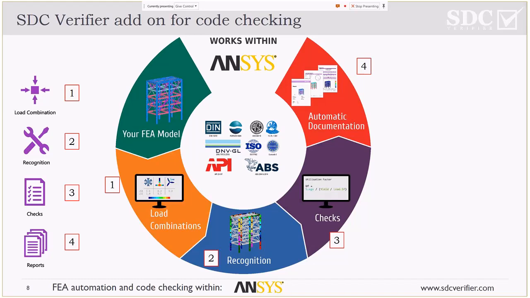Give me a new calculation report, and all the load combinations, the evaluations, the incorporated checks you set up, and the full report the way you want it, with the same views and the same things, is automatically redone for you. The only thing which is different is the end results, of course, because that is due to the change in your FEA model. So that is a very, very big time saver.